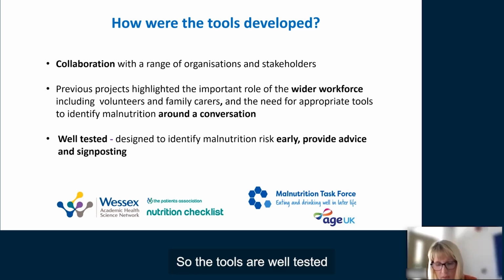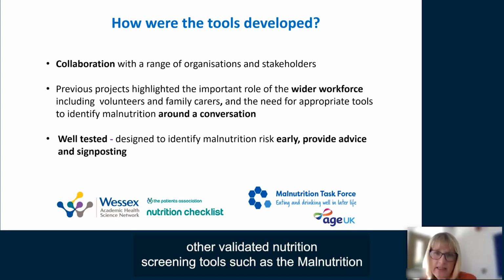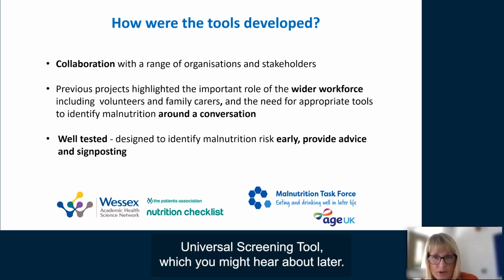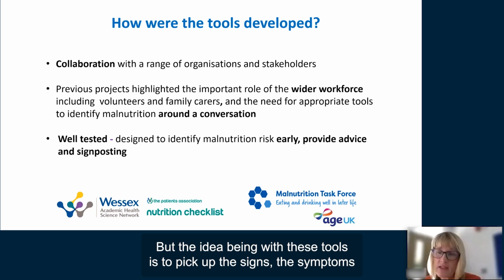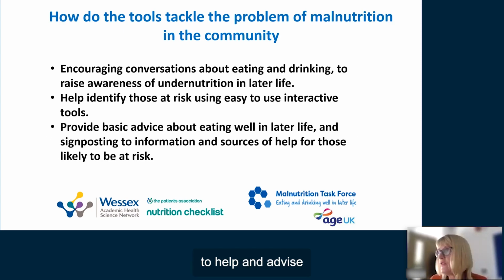So the tools are well tested and were designed to provide early identification of malnutrition, but also to link with other validated nutrition screening tools, such as the Malnutrition Universal Screening Tool, which you might hear about later. The idea with these tools is to pick up the signs and symptoms and to do something in response, to signpost, to help and advice.